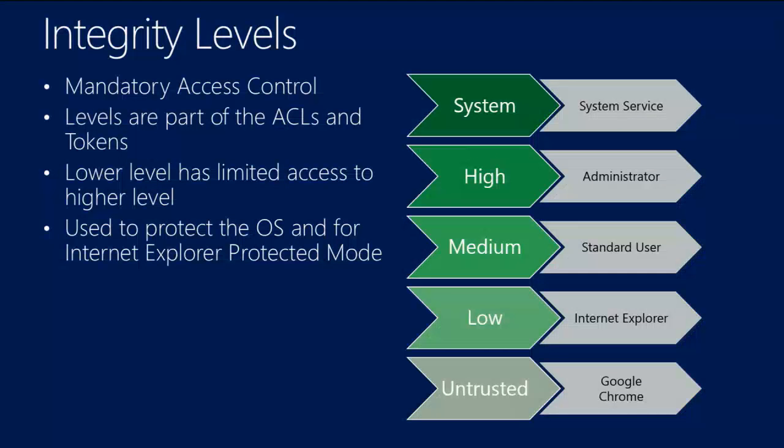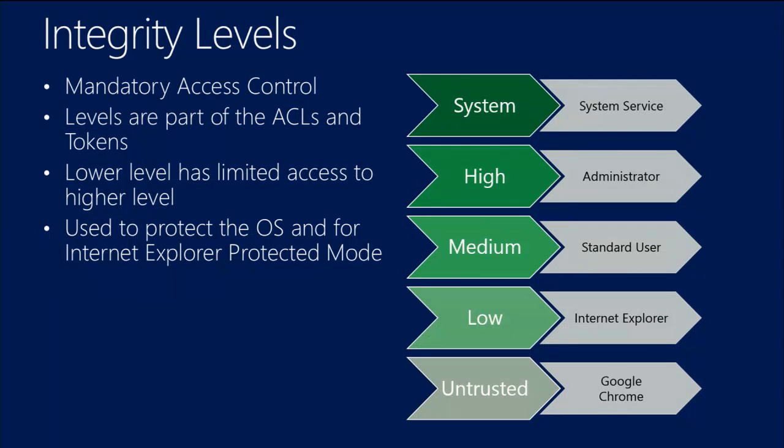Now, if you start Internet Explorer, it will run at the low integrity level. And this means that if you are running Internet Explorer at the low integrity level, this process will not be able to make changes to your files, because the files, those are objects with the medium integrity level. If Internet Explorer tries to do something, it requires a folder with the low integrity level to be able to create files.